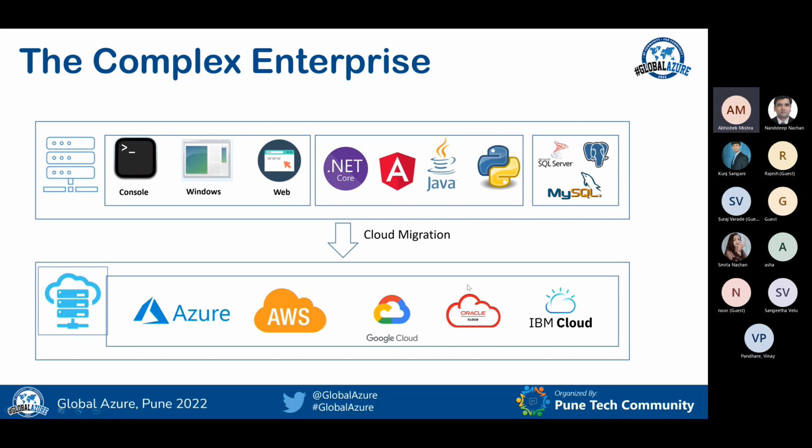And again, when we come to the cloud of your choice, there are different kinds of cloud available today. We have Azure, AWS, Google Cloud, Oracle, IBM Cloud, so many. I just mentioned a few popular cloud offerings here, but the list is too long. So we have a complex enterprise that can have multiple kinds of applications, and we need to move it to the cloud.